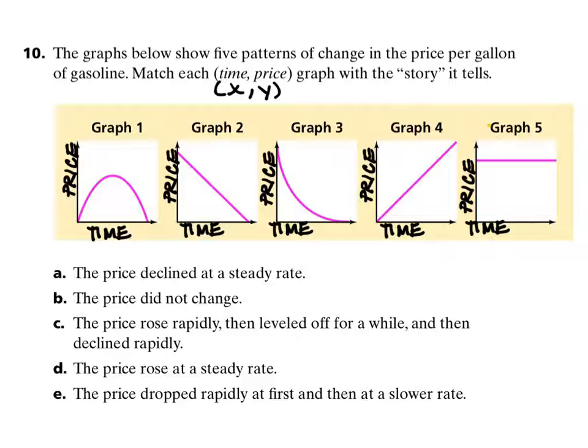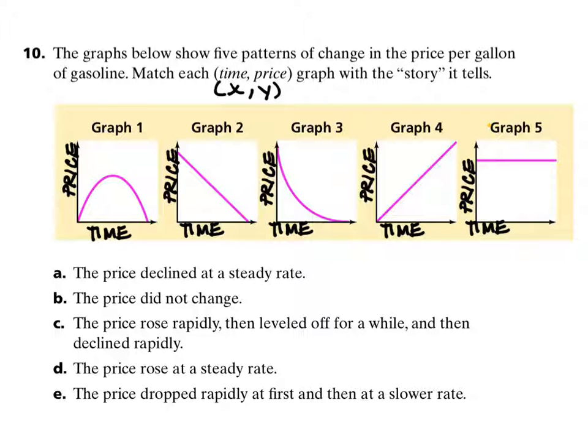For C, the price rose rapidly and then leveled off for a while and then declined rapidly. Now, there's only one that actually changes directions, and that is graph number 1 right here. It starts in a positive way and then shifts into a negative.